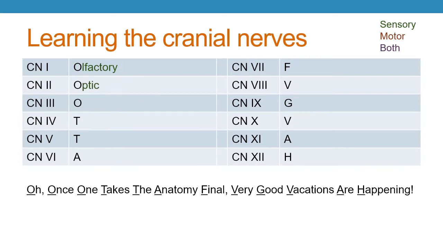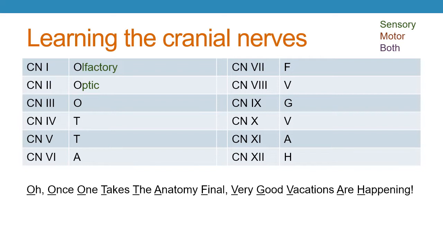Cranial nerve 2 is second because it is the optic nerve. It is communicating with the eyeballs, with the retina of the eye, through the optic canal or optic foramen in the sphenoid bone. So you can see that these two are both placed at the front of the brain for a reason.